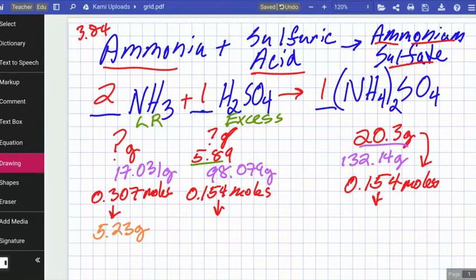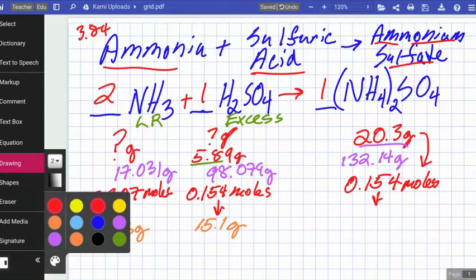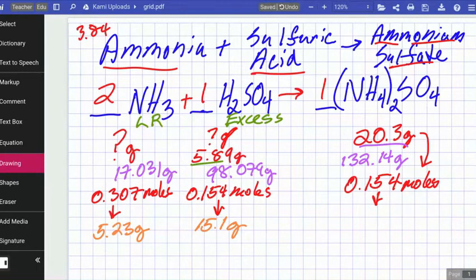And I'm going to do the same thing for my 0.154 moles. So what is 0.154 moles? If 1 mole is 98.079, then 98.079 times my 0.154 tells me that that's 15.1 grams. I should add my leftover to it.